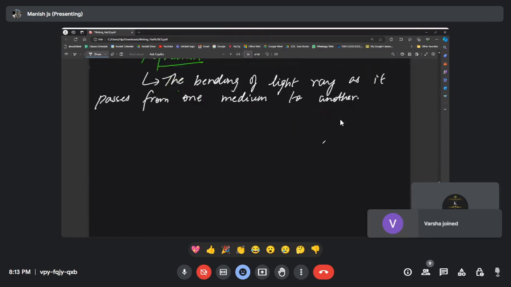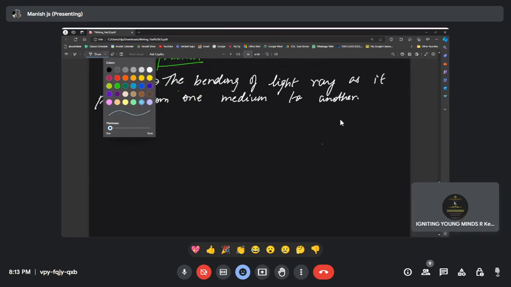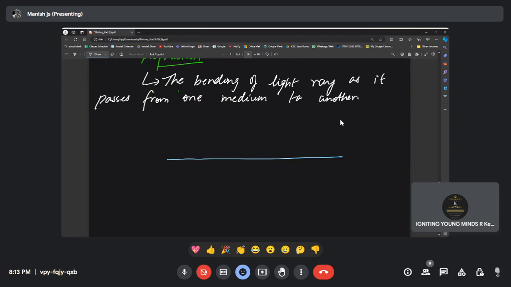So you want to diagrammatically show it. It's pretty simple. You take a horizontal line. Let us say you have an air interface on the top, it's air, and at the bottom you have glass. When I say air, we call air a less dense medium, or we use the term rarer medium.